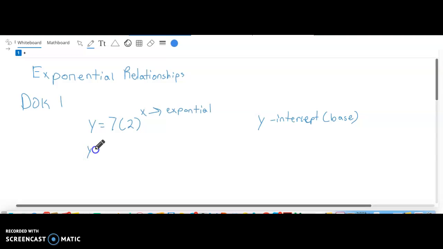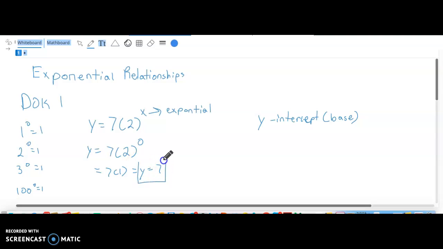So you just plug in 0 for x, and anything to the 0 power, no matter if it's 100, is always equal to 1. So then this is equal to 7 times 1, y equals 7.